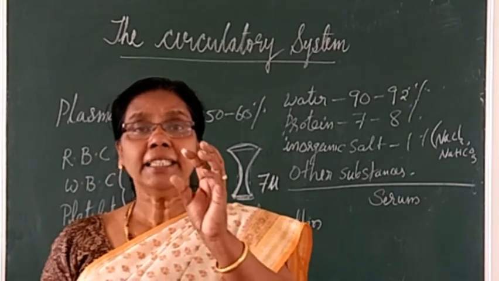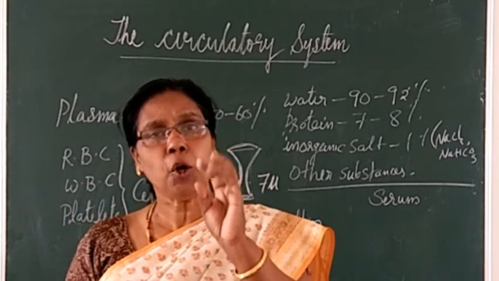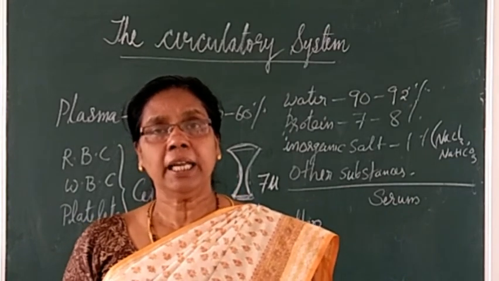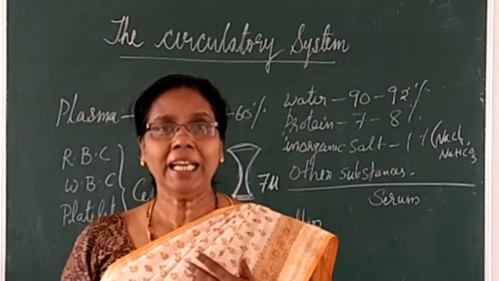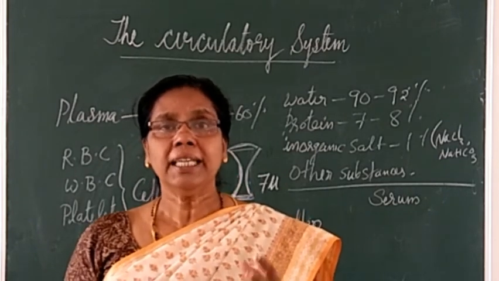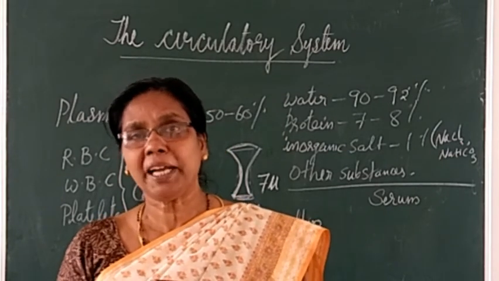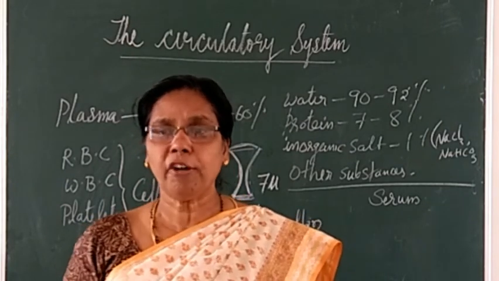Hemoglobin can also carry a very small amount of carbon dioxide. While respiring, along with the oxygen, we also inhale carbon dioxide. It reaches the tissues, and from the tissues the blood has to collect this carbon dioxide back, so that it can be exhaled out of our body.